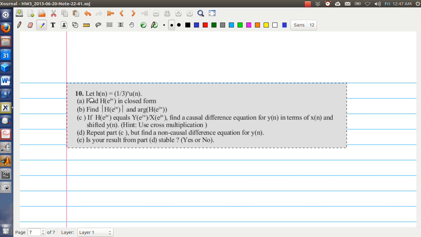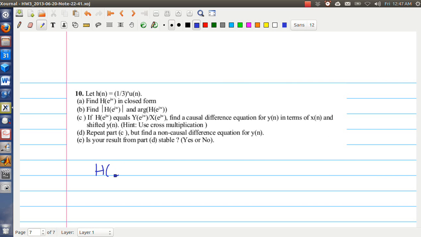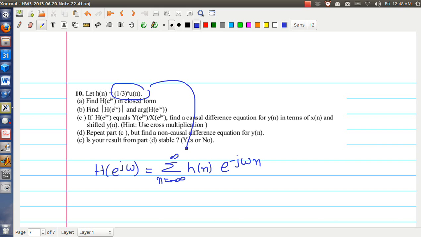Problem 10 is very simple. You're given an h of n and you're expected to find the DTFT, which is defined as, you simply have to substitute this expression here and solve it.